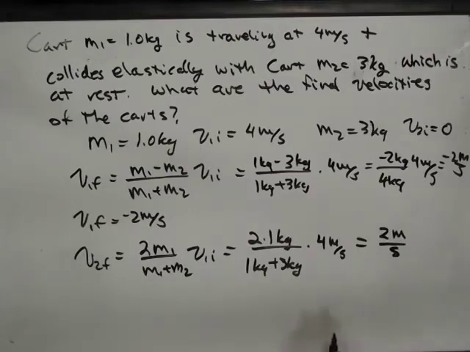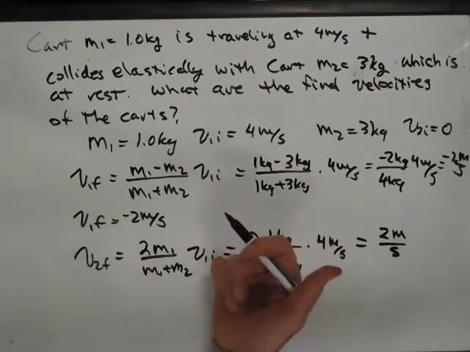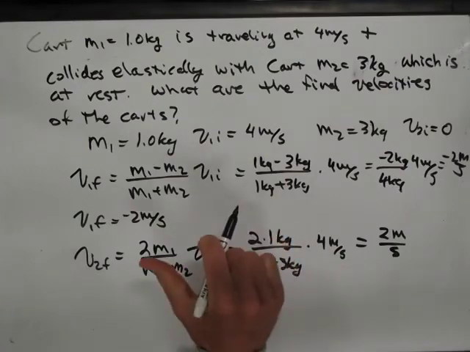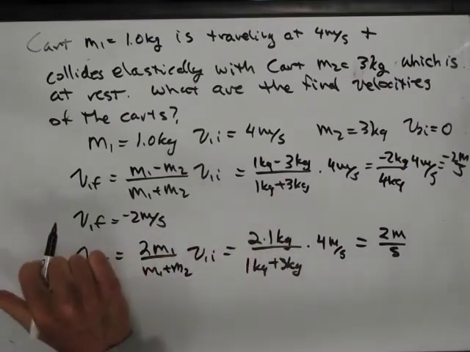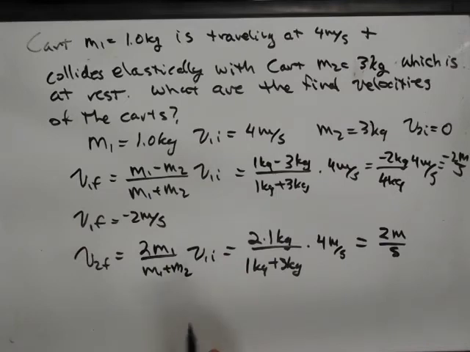And so when one goes in at 4 meters per second, it bounces off and goes backwards at 2 meters per second, and the other one goes forwards at 2 meters per second. So this is an elastic collision, and so we should have KE final equals KE initial.